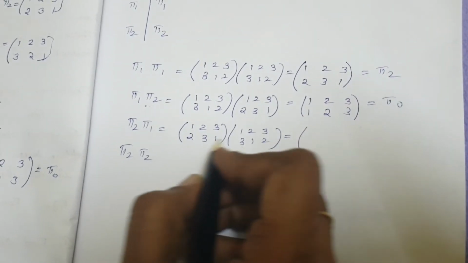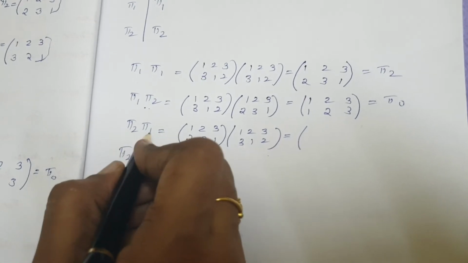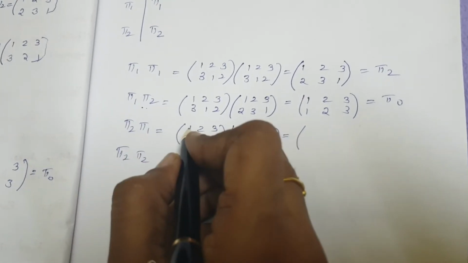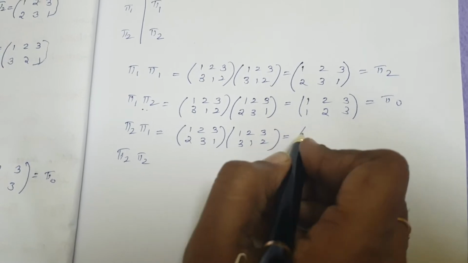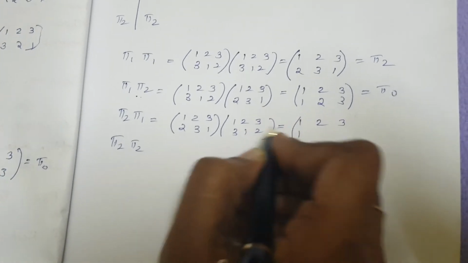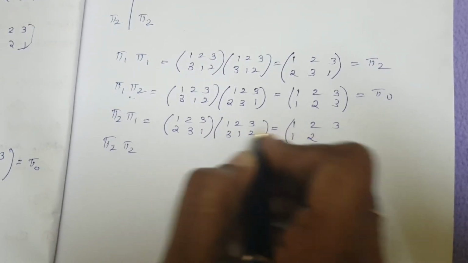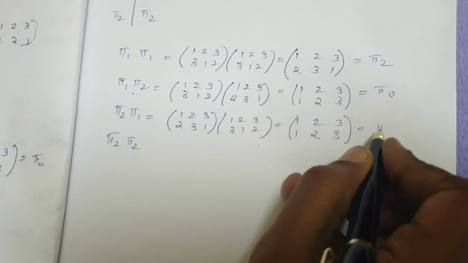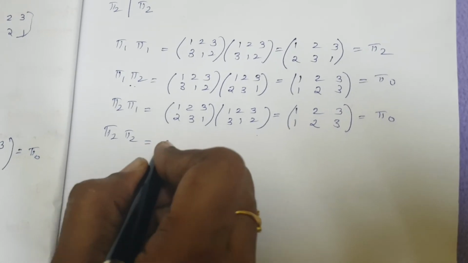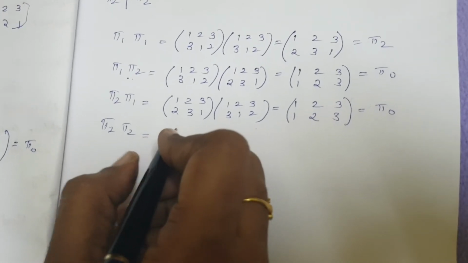Next we find out the multiplication value of pi 2 into pi 1. So 1 to 2, 2 to 1, 2 to 3, 3 to 2, 3 to 1, 1 to 3, which is also equal to pi naught value. Next we find out the value of pi 2 into pi 2.